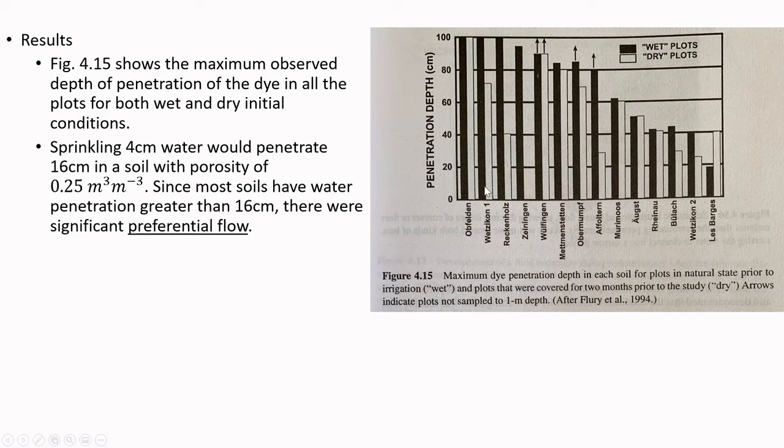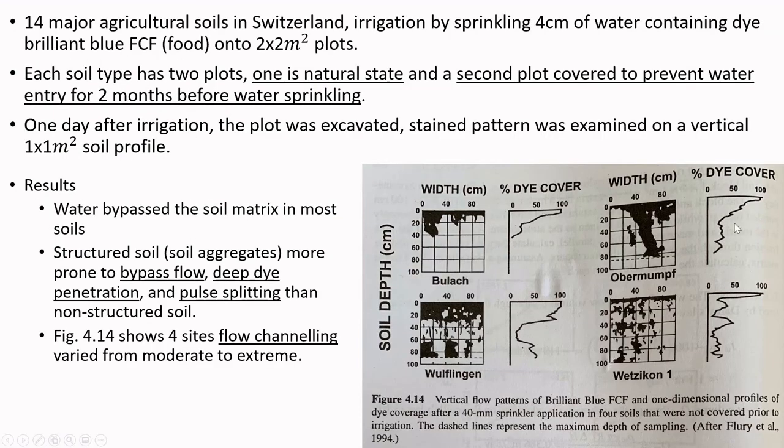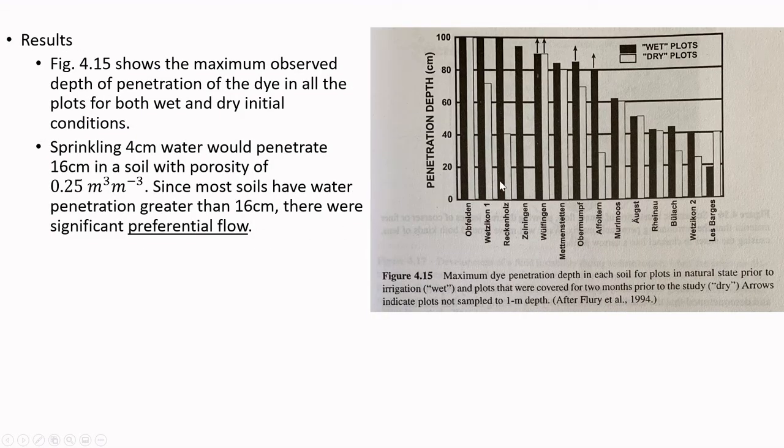So there is a certain path in the soil where the water can flow through more easily than through other parts of the soil. Based on their calculation, if the water is uniformly absorbed and infiltrates into the soil, it can only infiltrate 16 centimeters for 4 centimeters of water provided to the soil.